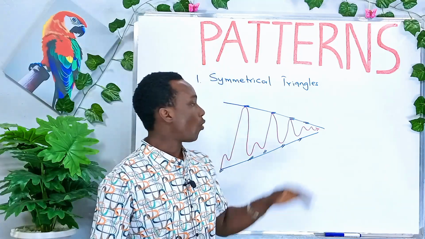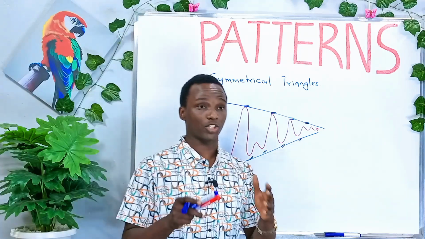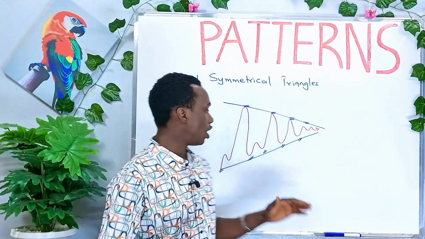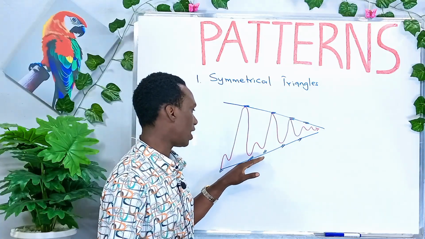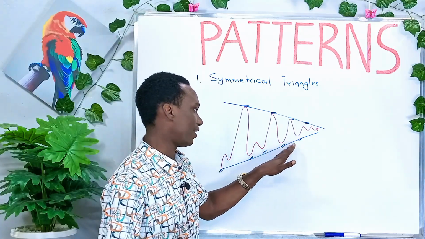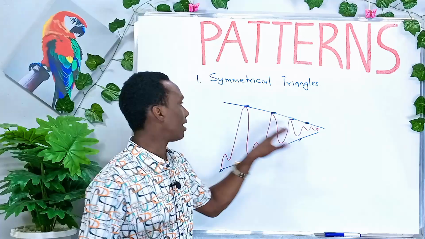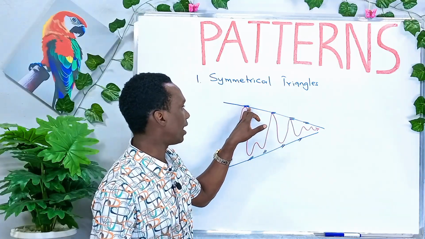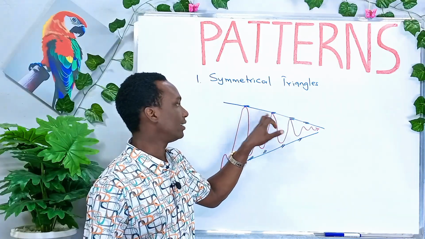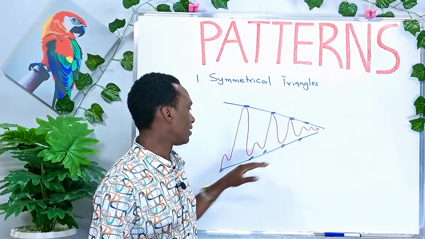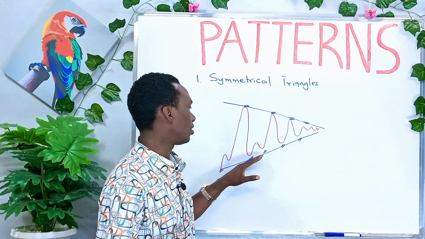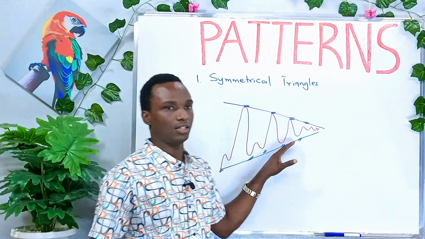So what is happening during this formation is that the market is making lower highs, another lower high, and another lower high, and these are higher lows and higher lows and higher lows.